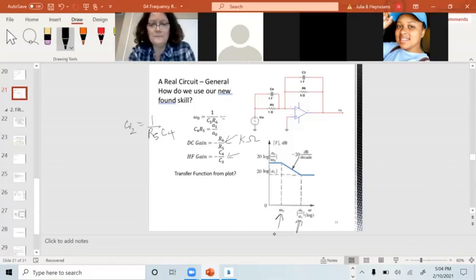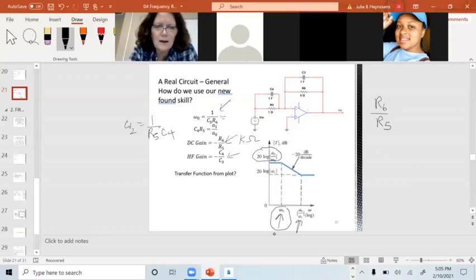Look at this. We've got a K. And my K is, you take the inverse log of that. My DC gain is R6 over R5. I've got a simple pole because now it's starting to drop by 20 dB per decade at my omega naught.